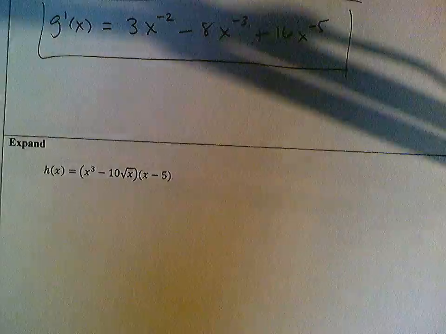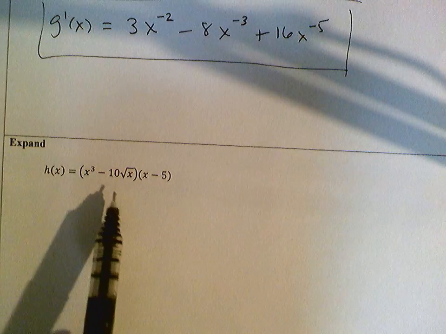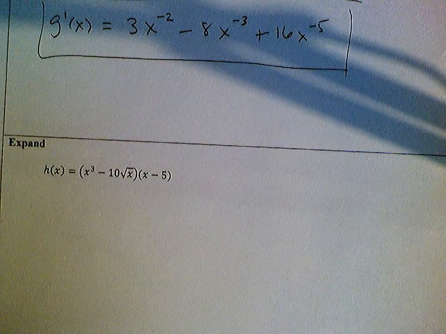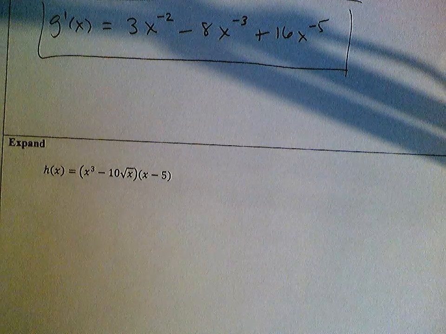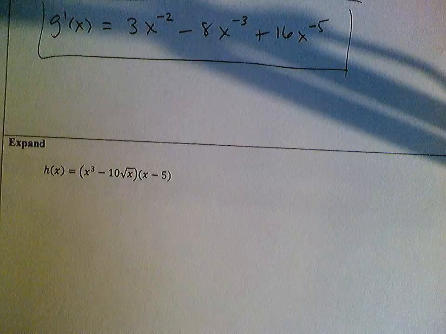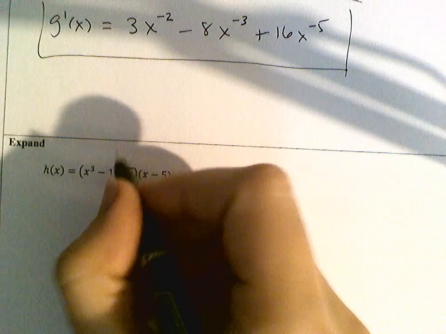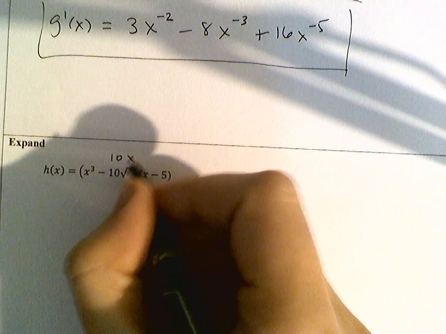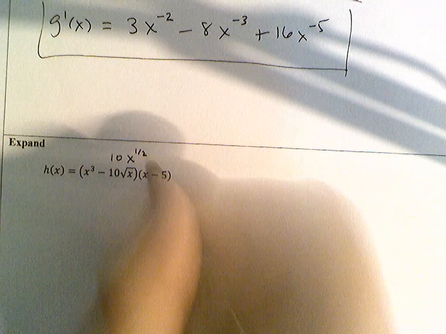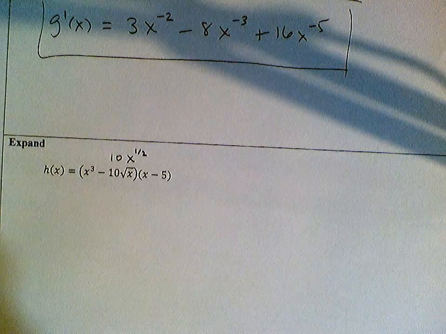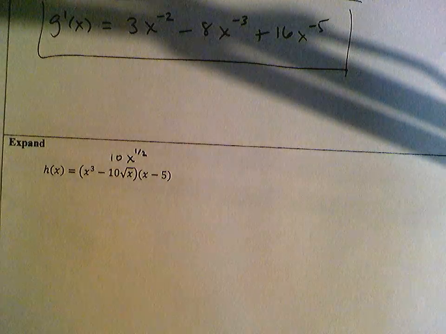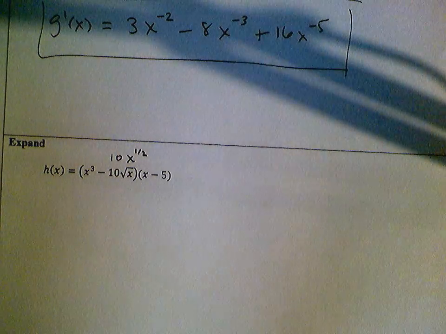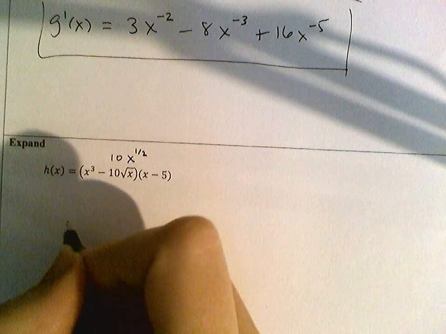But by expanding it, and that's the strategy, to expand, which means to double distribute in this case, if we expand it, it will be an expression of that form. So the first thing I'm going to do is make the observation that this is 10x to the 1/2, okay? That, 10 radical x is actually that. And I'm going to double distribute.